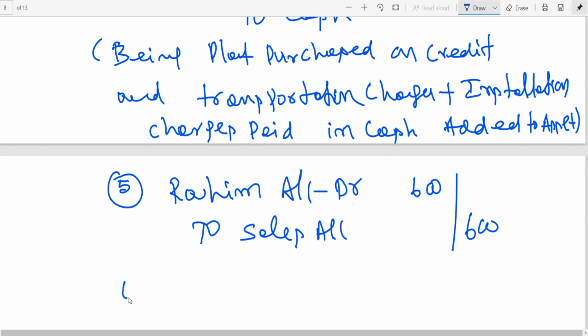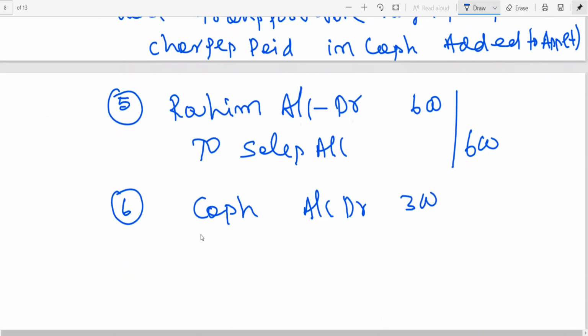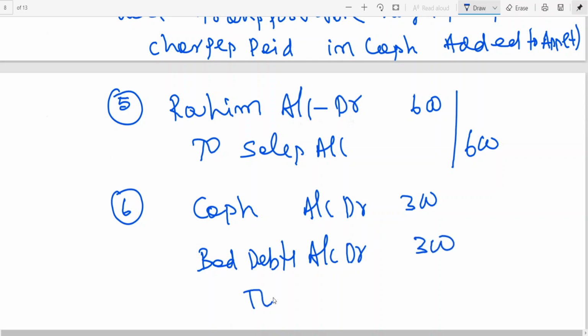Now Rahim has become insolvent. 50 paise in a rupee has been received. I am assuming cash is being received, or you can debit bank also. This is the amount received. Amount irrecoverable is treated as bad debts. This I have explained in one of our previous problems. To Rahim account 600 rupees. Clear to all of you?